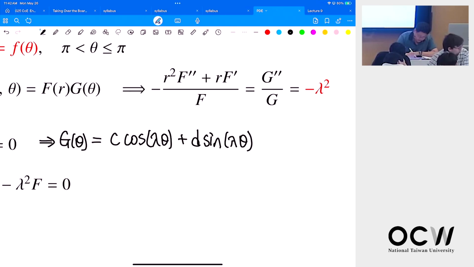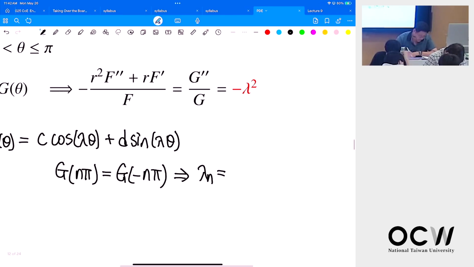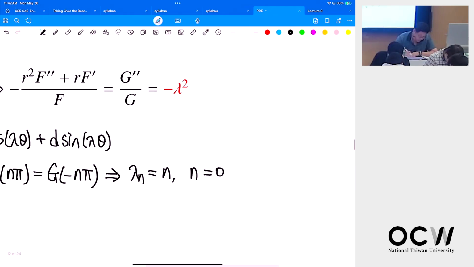We can check that if we have theta equals n pi, and also theta equals minus n pi, actually they are the same. So lambda will be n, and n is equal to the natural numbers.